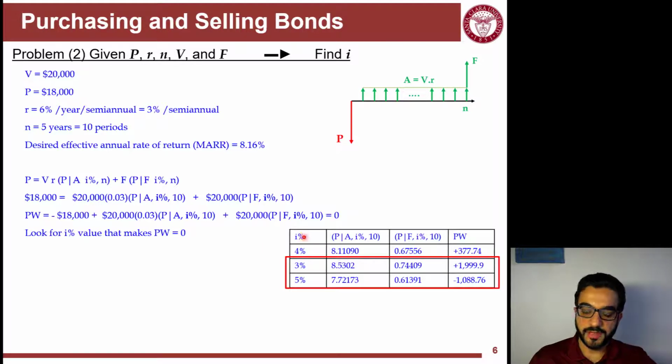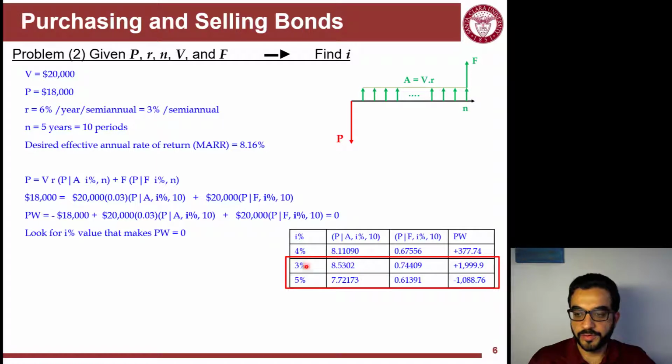So I tried different factors here, different rates. So 4% resulted in positive present worth. I don't know if I go up or down, so I tried the downward, kind of reducing the rate, and that resulted in increasing the present worth.